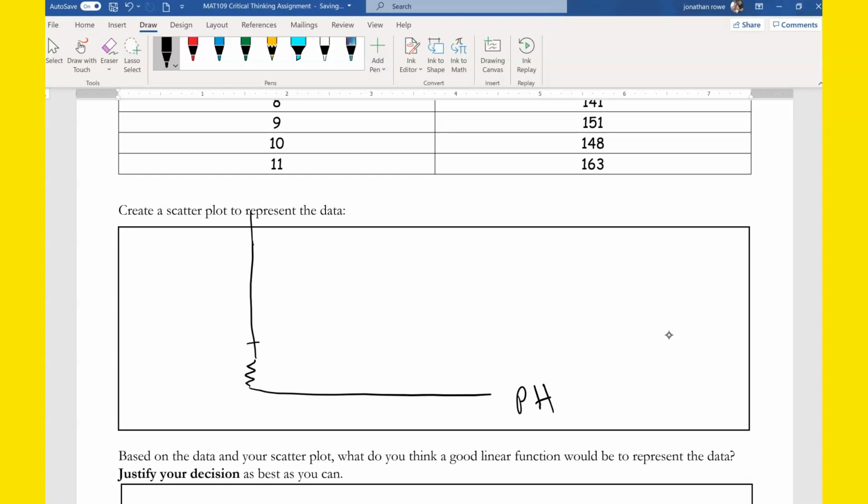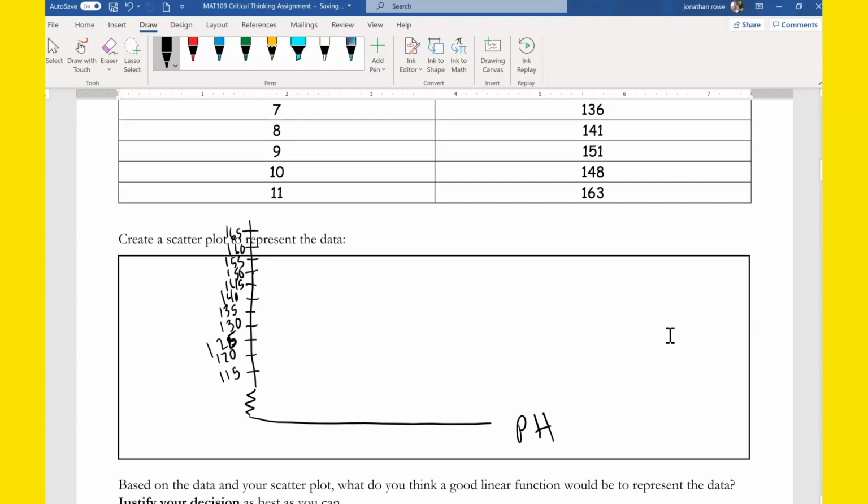So let's start this at 115. 120, 125, 130, 135, 140, 145, 150, 155, 160, and I might even need to go one more, 165.